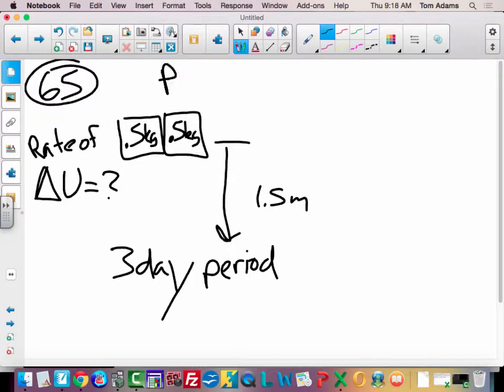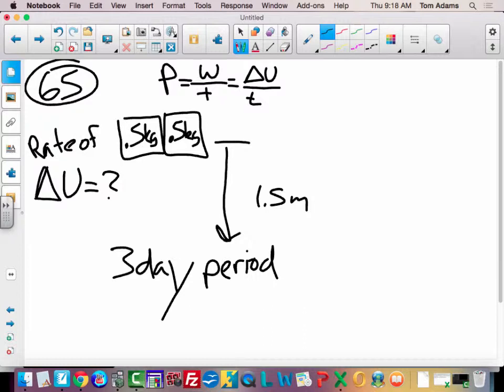Why? Because power is equal to work over time, but that could also be the change in potential energy over time. Does that make sense? It's a rate of change. In other words, there is a change in potential energy over time. So that's what they want us to calculate, the power done.